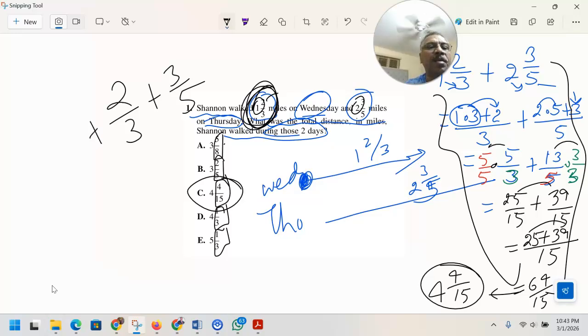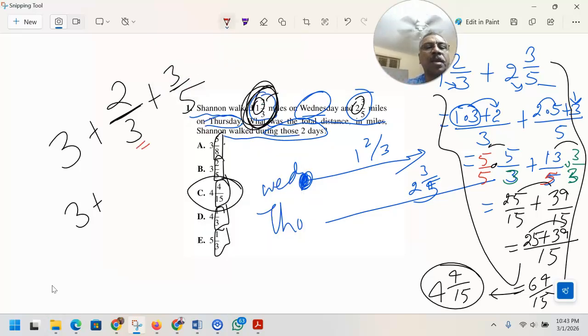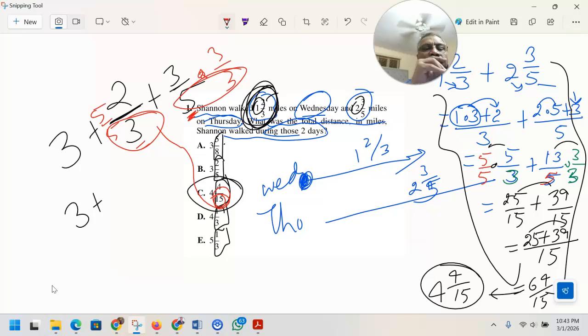So it is 3 plus 2/3 and 3/5. You don't see any common divisor for 3 and 5, so you have to multiply 5 and 5 to make it 15, and 3 and 3 to make this 15. That way, you know the answer is already right here. So this way also you can do it.